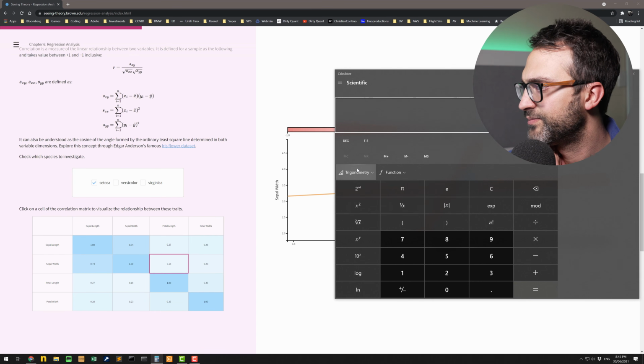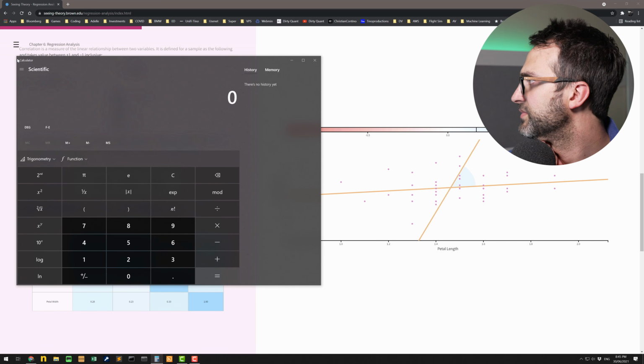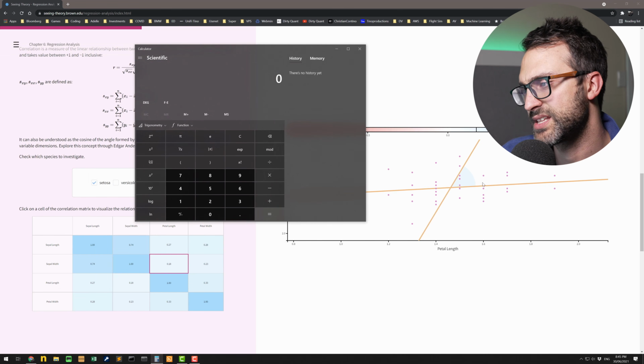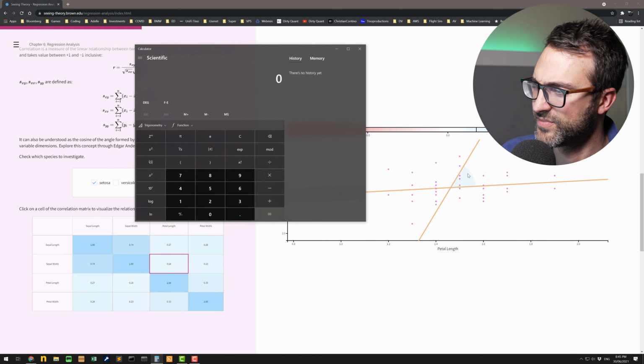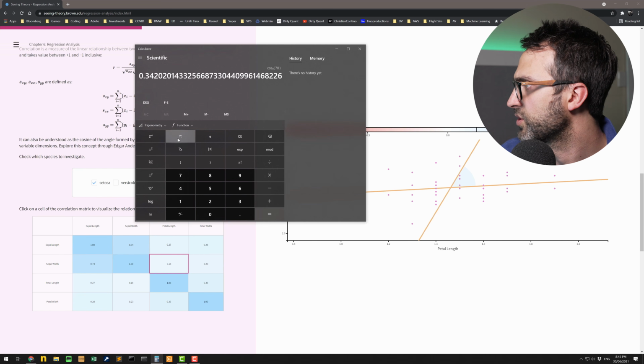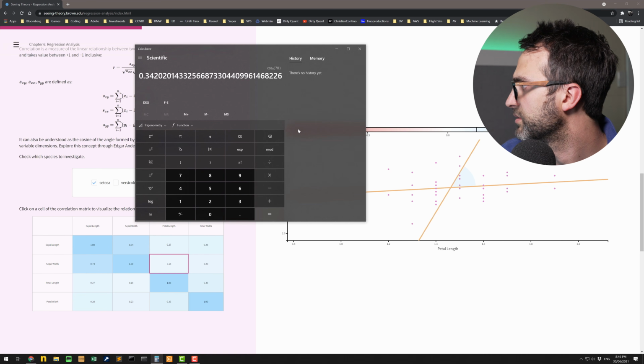Do a calculator, trigonometry. Look, I'm not a natural. I don't have cosine in my head, right? So what's that? Let's call that 70 degrees. So if I go 70 cosine, all right, maybe not.